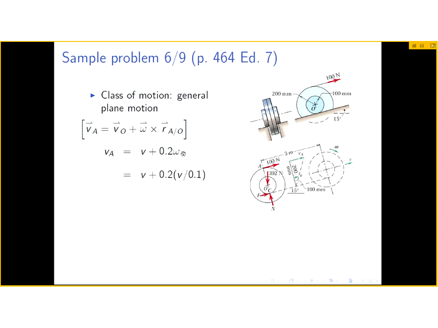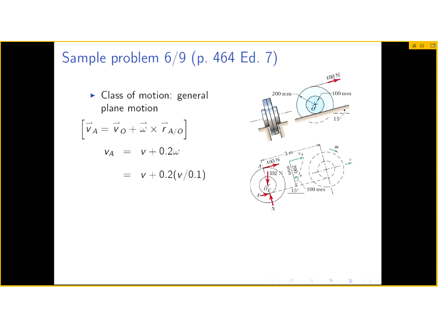Now, since this wheel is rolling without slipping, we have a kinematic relationship between omega and the velocity of the center of the wheel. We know that the velocity of the center of the wheel for a wheel that's rolling without slipping is simply omega times the radius in question. And this radius now is the 100 millimeters radius. So we can say omega must be V divided by 0.1.